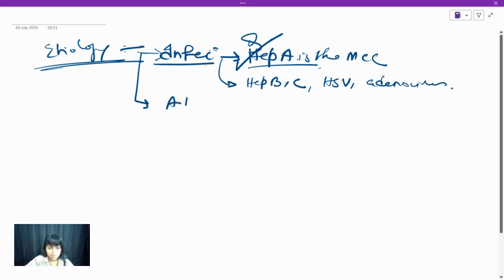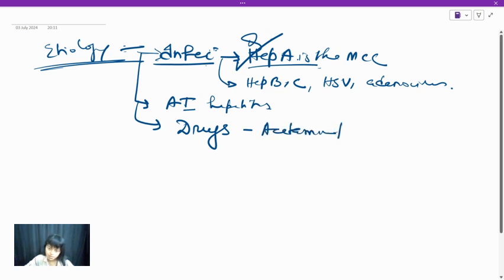It may be secondary to autoimmune hepatitis. It may be secondary to drugs, like the most common drug involved is acetaminophen or paracetamol. The other drugs are isoniazid, valproate.